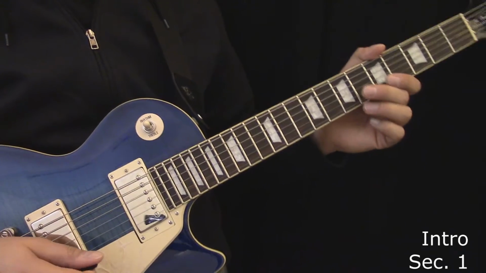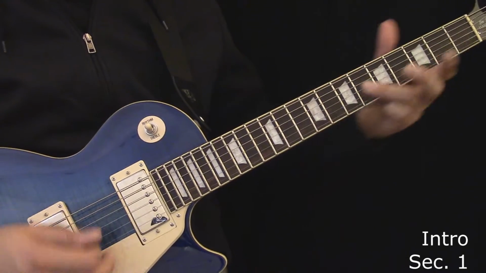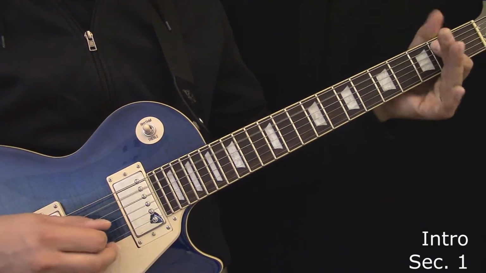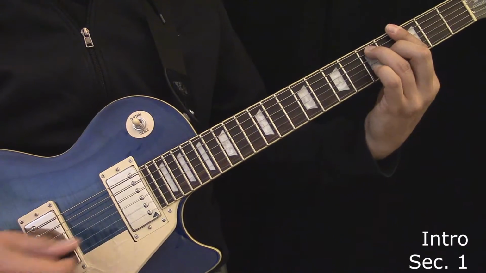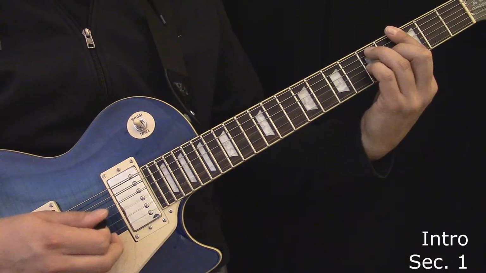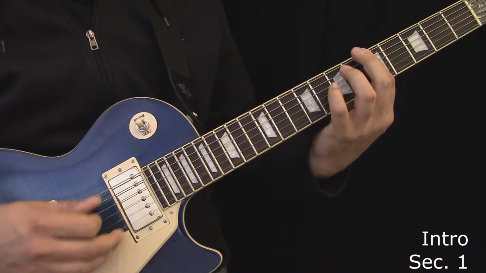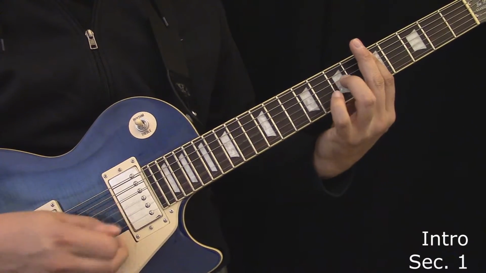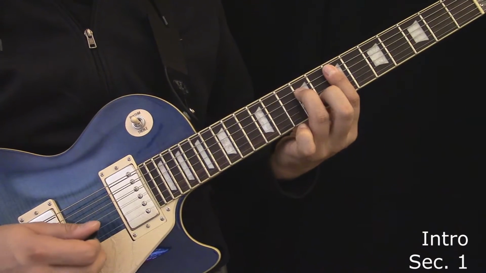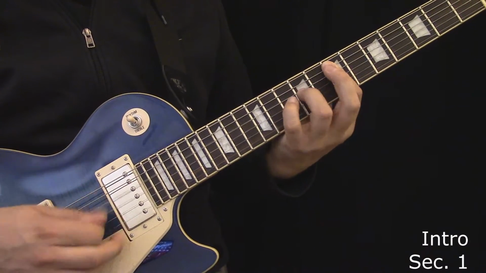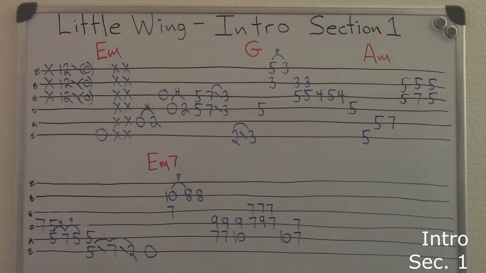Here's section 1 of the intro played slowly. Here's the tablature for section 1 of the intro. The lines are the strings of the guitar, and the numbers on them are the frets that are played.